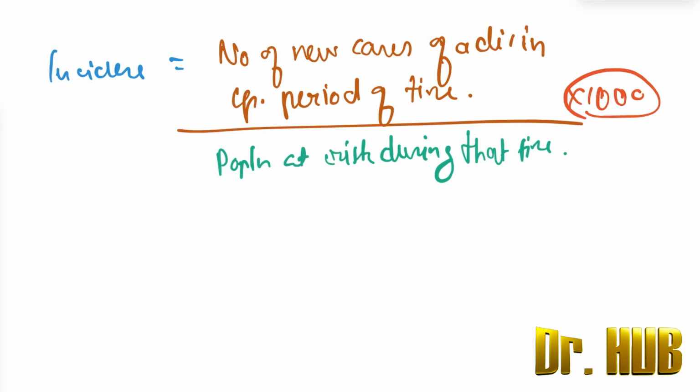So it is the number of new cases of a disease in a specific period of time divided by the population at risk during that time.